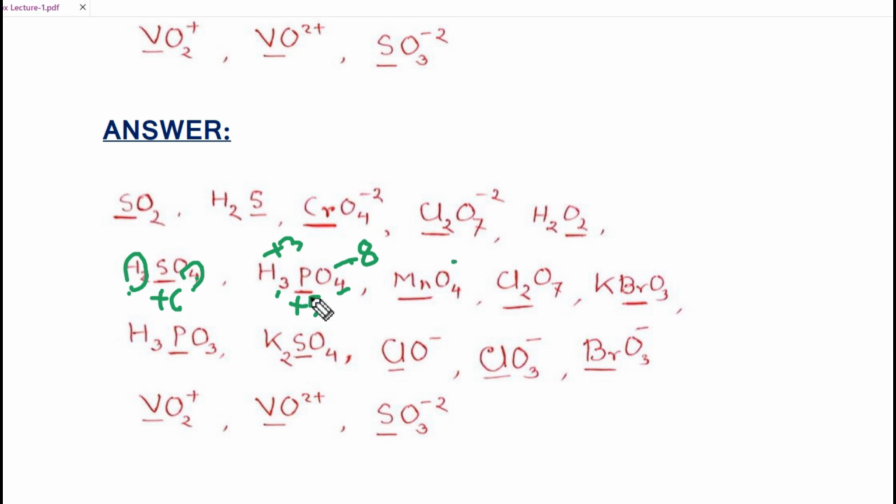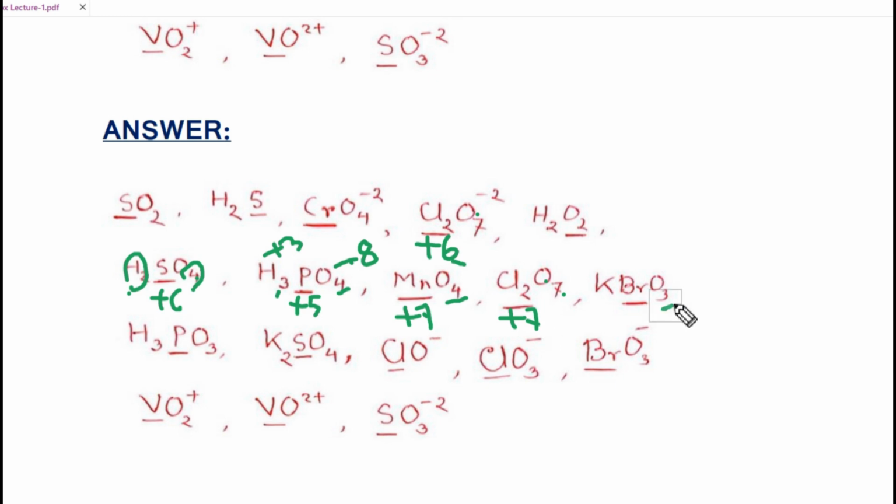Here this is the manganate, 4 to the 8, if you subtract minus 1 you get minus 7, manganese will be plus 7. Here plus 6, here 7 to the 14, so 2 chlorine 14, 1 chlorine will be 7, plus 7.